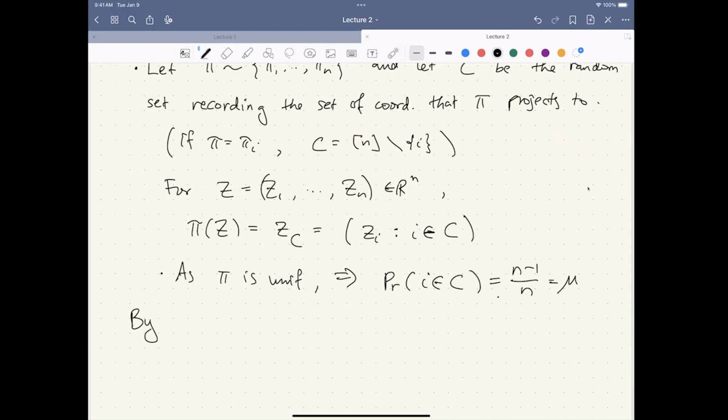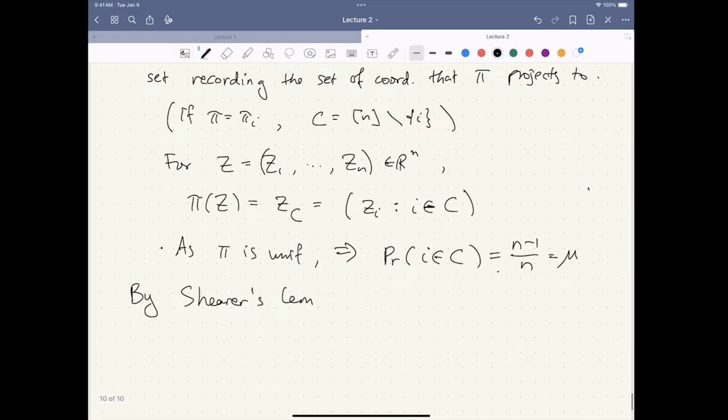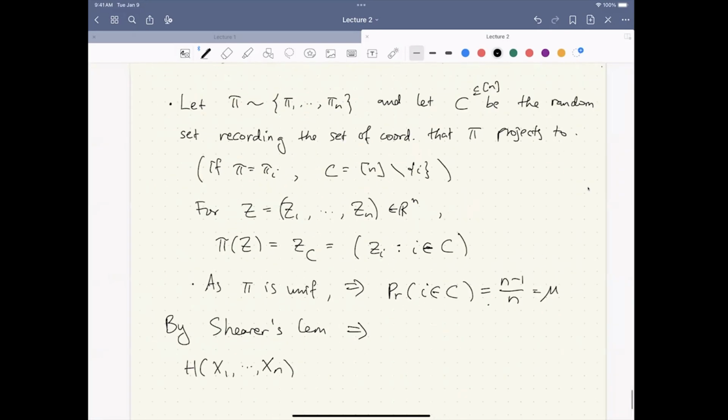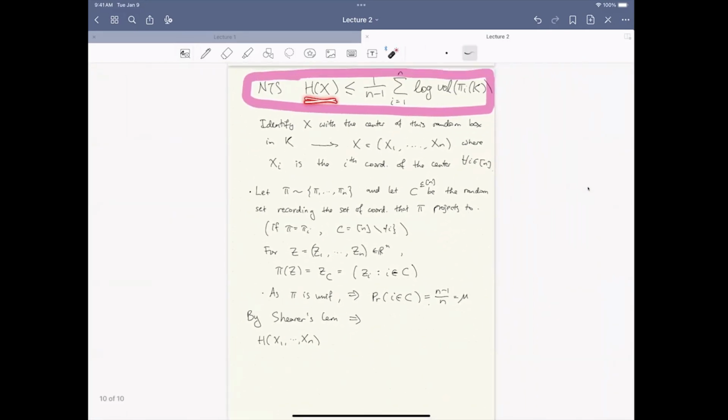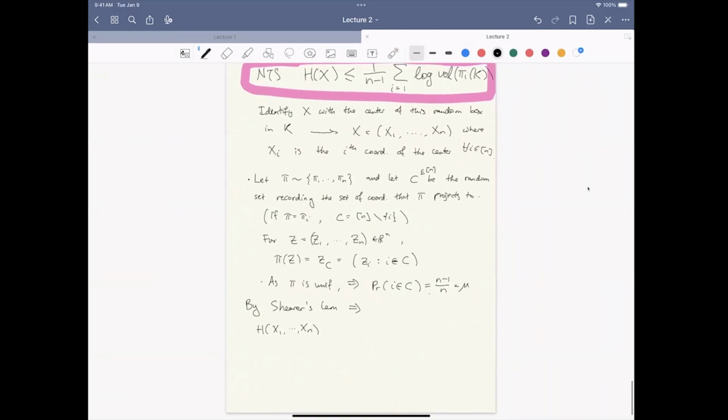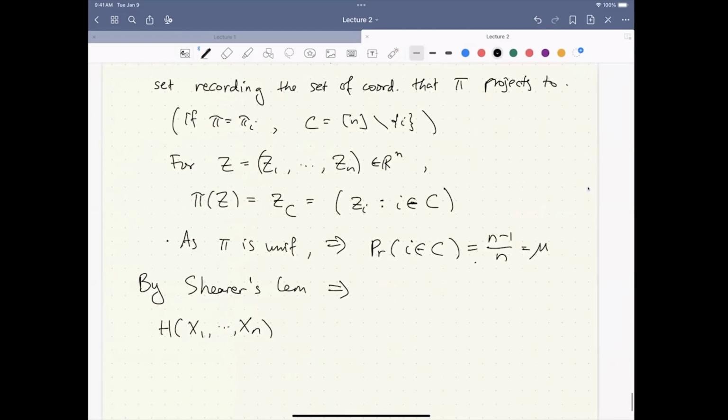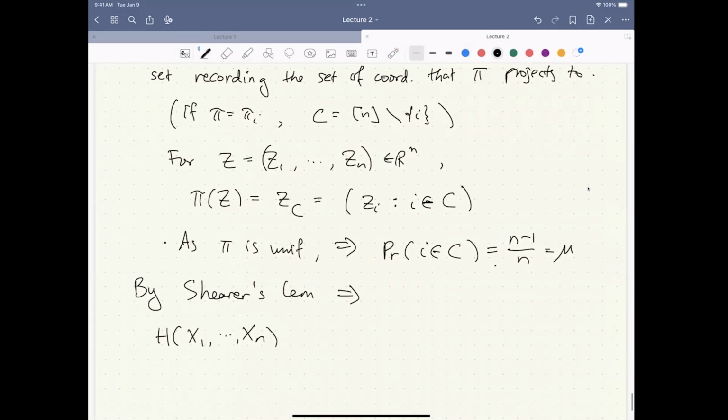Now we can use Shearer's lemma. This is the guy we want to estimate. Remember, H of x1 to xn is at most the reciprocal of the atom probability mu.